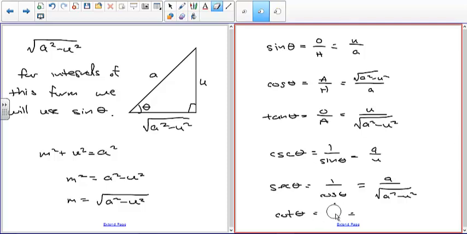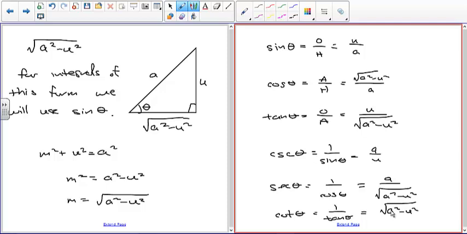I guess I should use that to be consistent with what I'm doing here. So I get 1 over the tangent of theta, and that's equal to the square root of a squared minus u squared over u. So you can see I can define all the trig functions in terms of the three sides of the triangle, just using SOHCAHTOA or whatever you want to call it, and the definitions of the others.